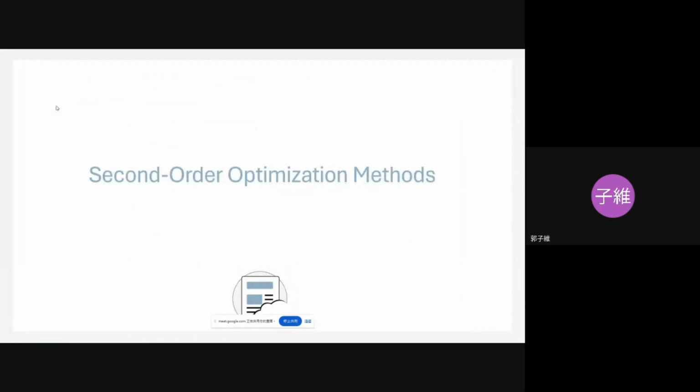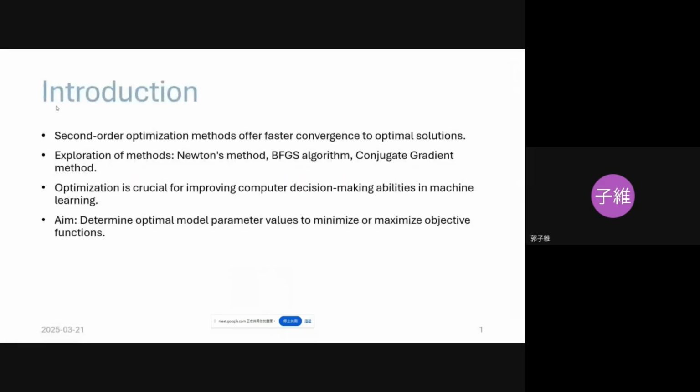So this is the background on some second order optimization methods. I won't go into detail with the math right now, but here's the recap. Second order optimizations offer faster convergence to optimal solutions.